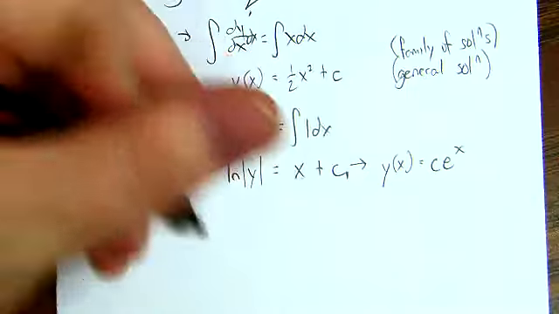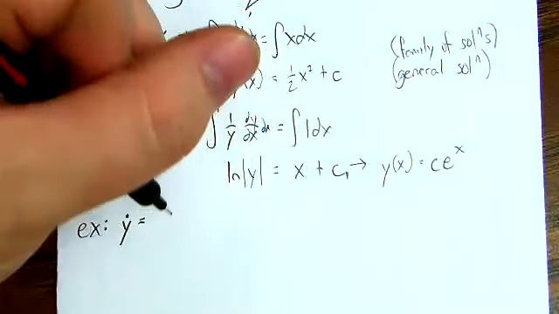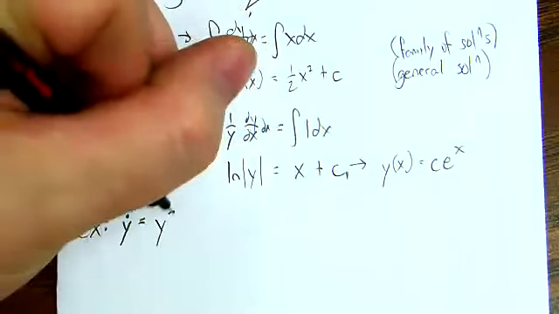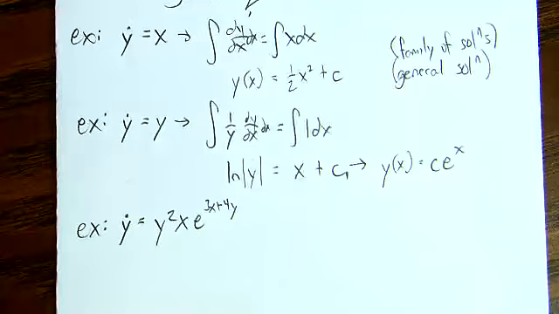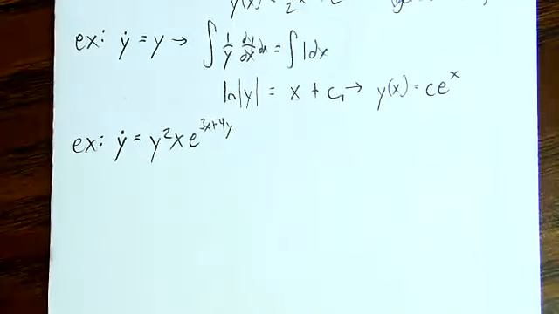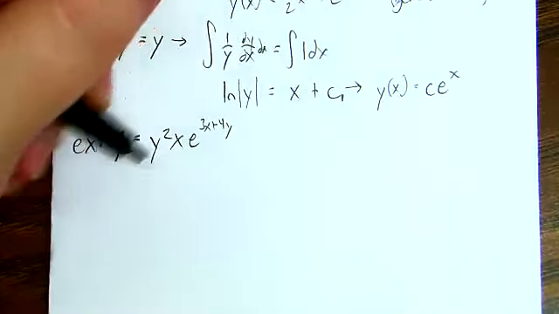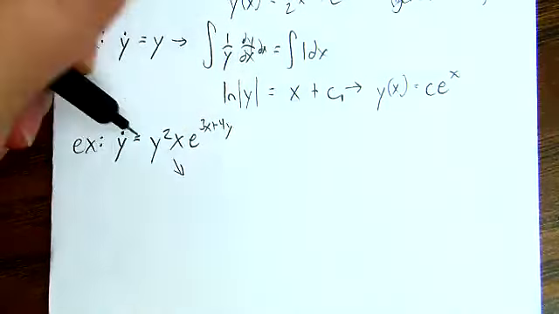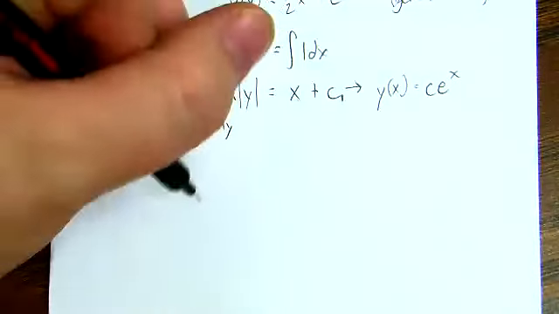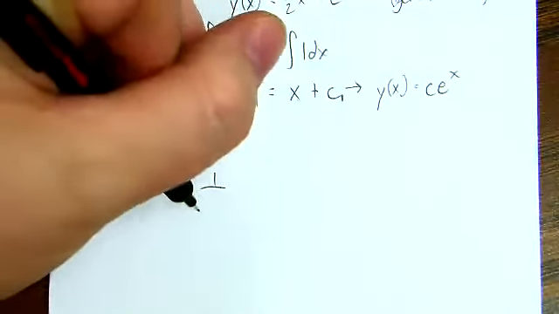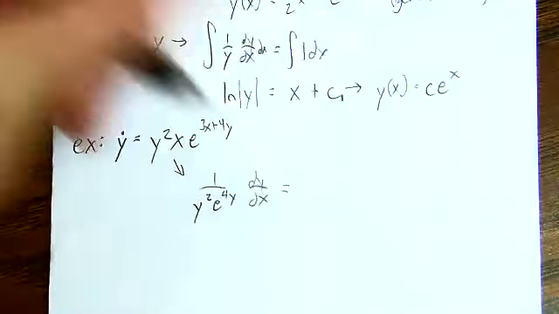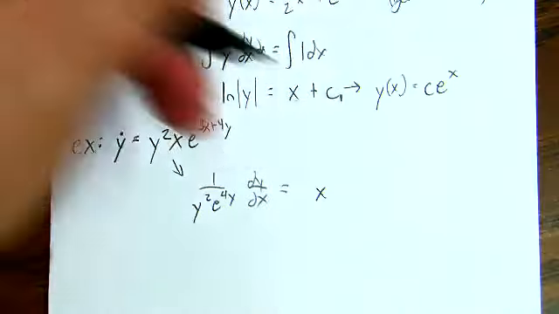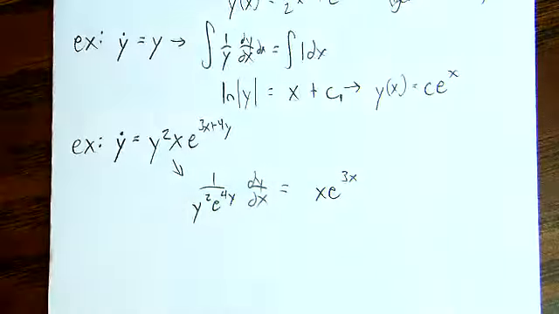Even y dot is equal to y squared x times e to the 3x plus 4y. Now, I probably don't feel compelled to do this for the fun of it, but this is still separable because I can write this as 1 over y squared e to the 4y dy dx, and that's equal to x e to the 3x.